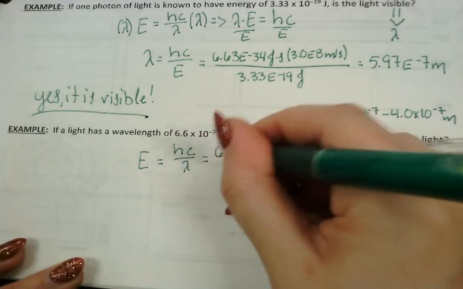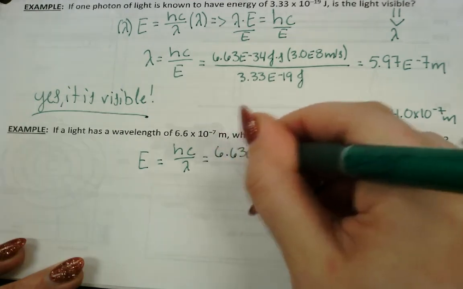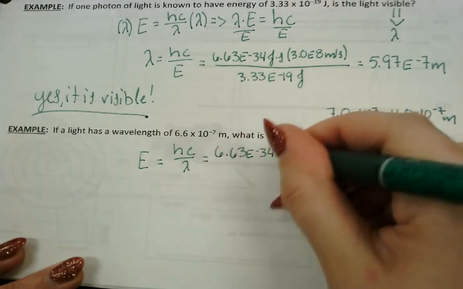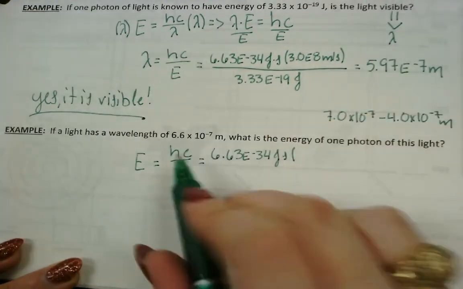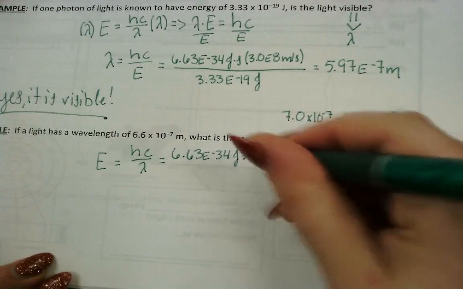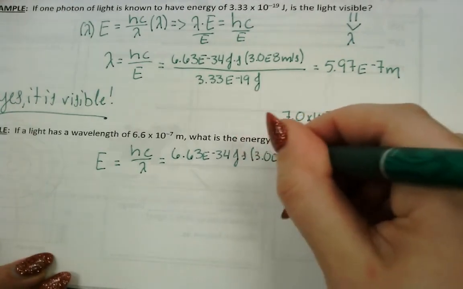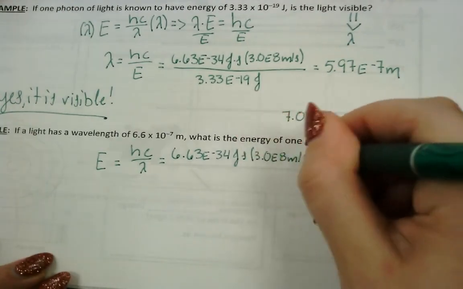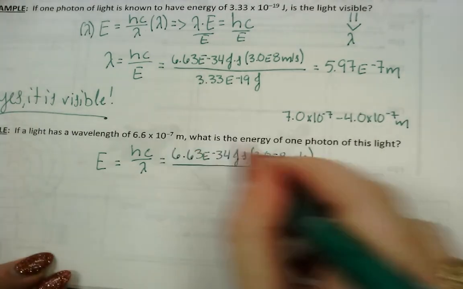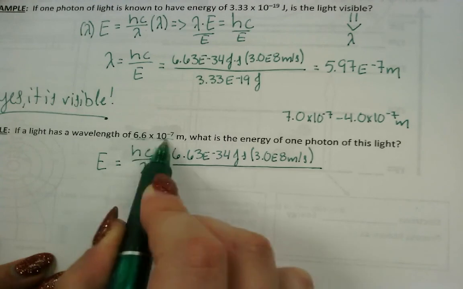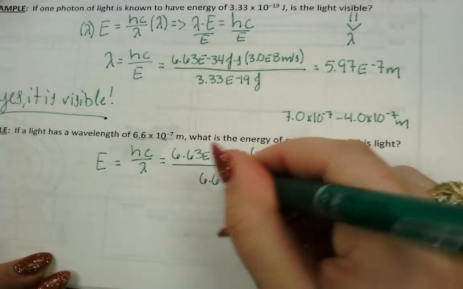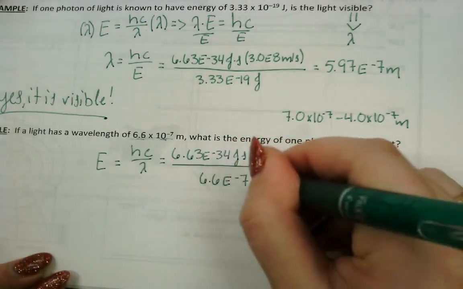h, just like before, 6.63 times 10 to the negative 34 joule seconds times speed of light, 3.0 e to the 8 meters per second, divided by the wavelength which was given to us, 6.6 e to the negative 7 meters.